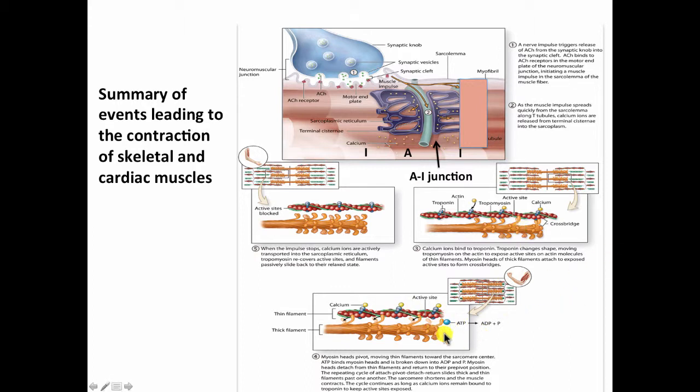I like to start down here with the fact that myosin, which is a large polymerized molecule, consists of a long chain and then two heads which stick out from the myosin chain at very precise angles. And what is important is that these myosin heads are ATPases. That is, they split ATP into ADP and Pi.